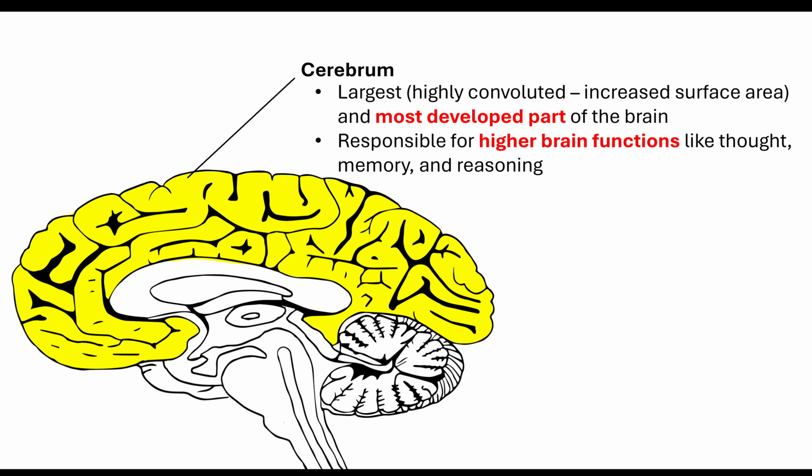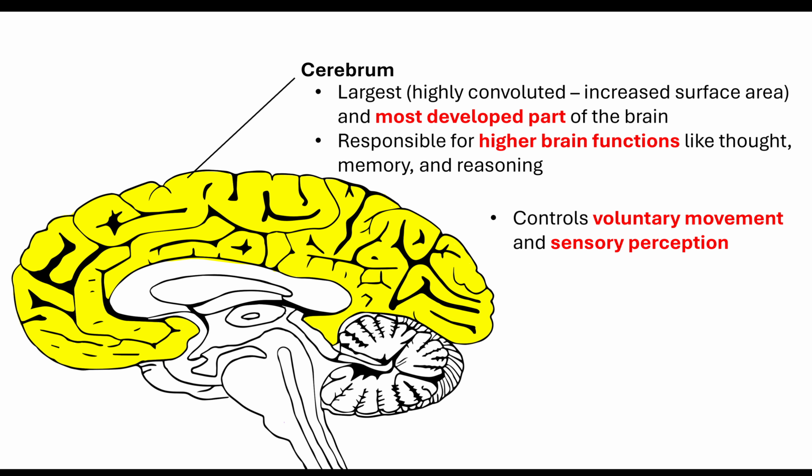It is responsible for your higher brain functions, like your thought, your memory, and your reasoning. They do not expect you to be able to identify the different regions of the brain, but they do expect you to know that this is where your higher brain function occurs.